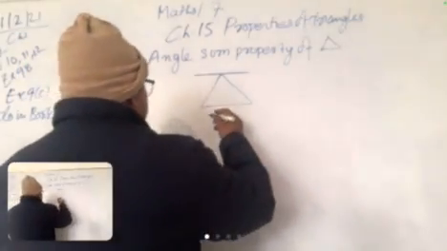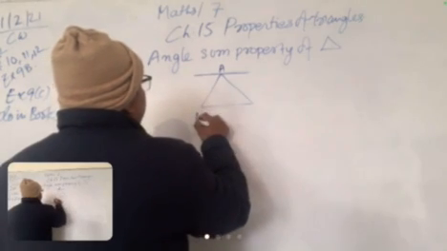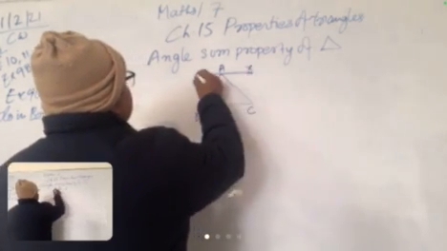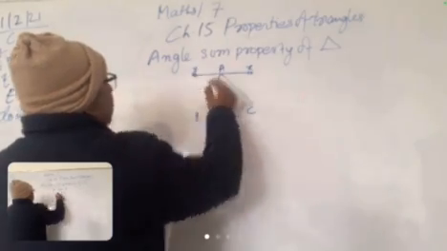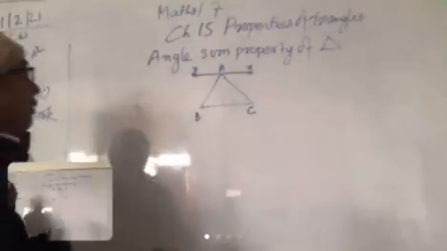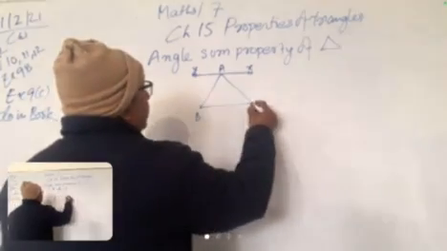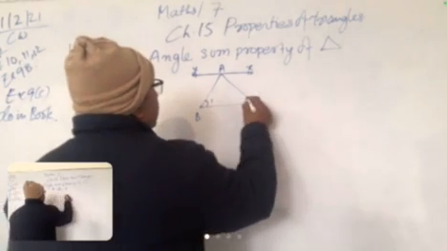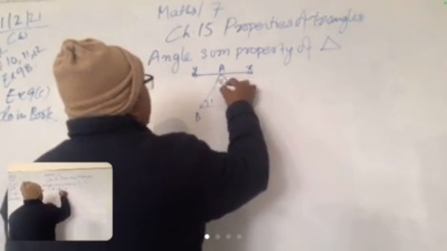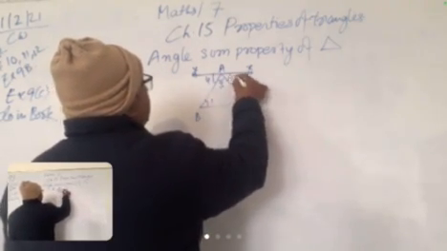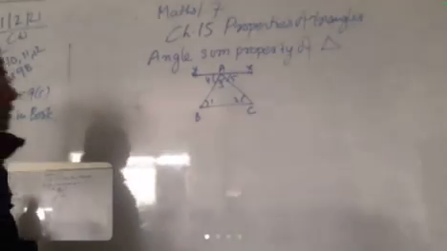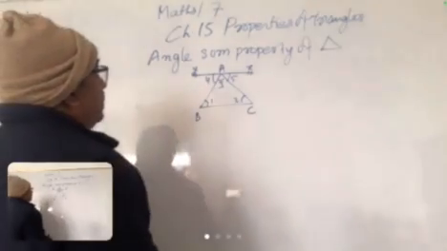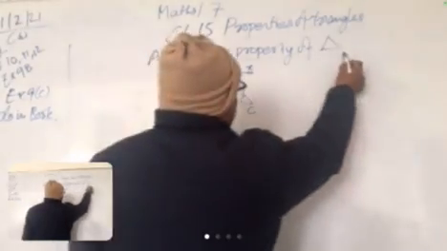And name this A, B, C and X, Y. And now we can mark the angles also: 1, 2, 3, 4 and this is 5. Please draw this figure because this question is important. This is the angle sum property of a triangle.